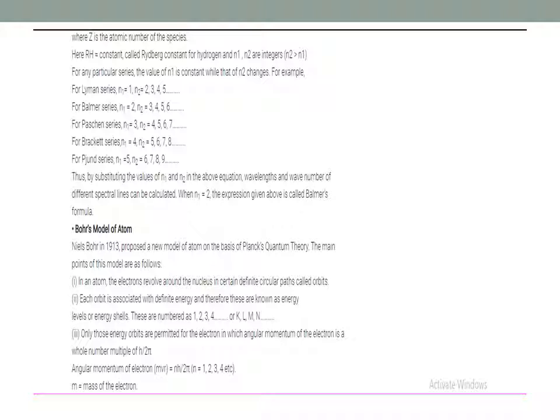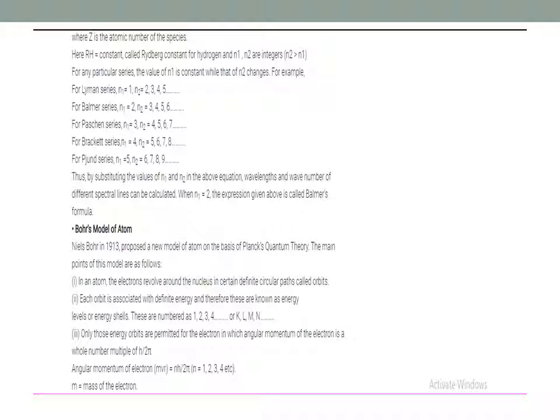Bohr proposed a new model of atom on the basis of Planck's quantum theory. The main points of this model are: in an atom, the electrons revolve around the nucleus in certain definite circular paths called orbits. Each orbit is associated with definite energy and therefore these are known as energy levels.